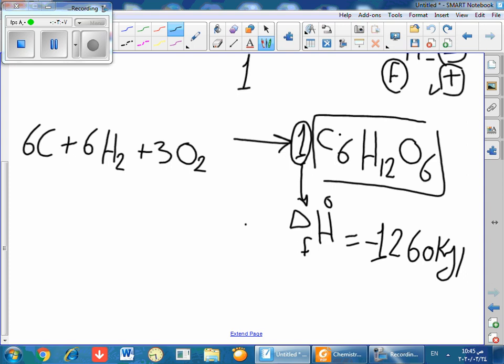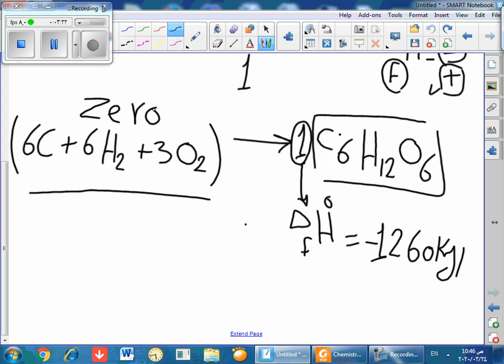So why, Mister? Because the heat of formation of any element is supposed to be 0 in a standard condition. So the heat content of this element equals 0. The change of heat is the heat content of a product only, this compound.